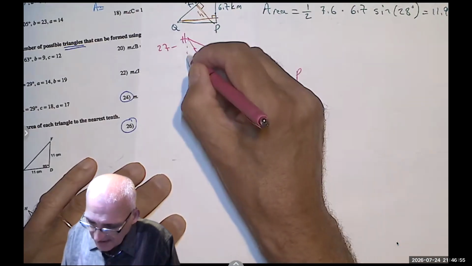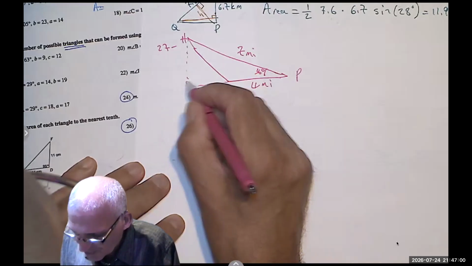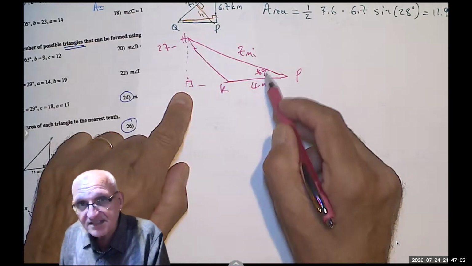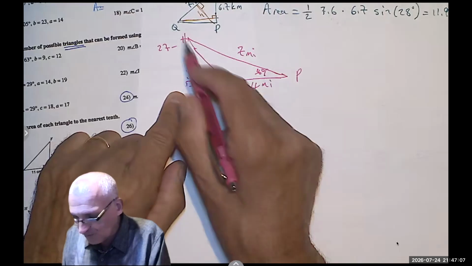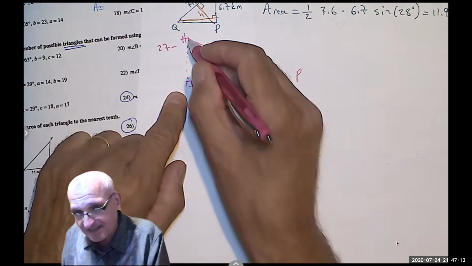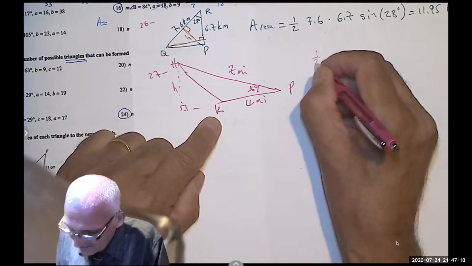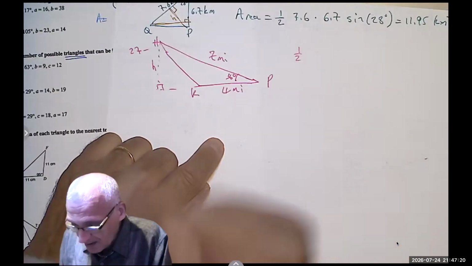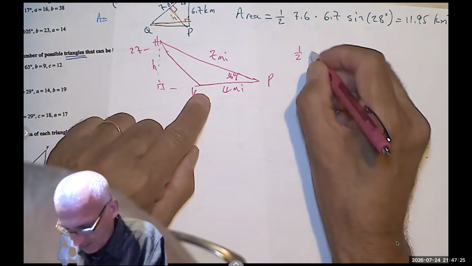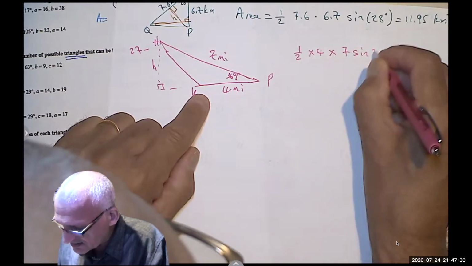Again, if I drop a line here, perpendicular, then this value is 7 sine 36, because 36 is opposite over hypotenuse. So if I multiply the hypotenuse by the opposite divided by the hypotenuse, they cancel each other and I get the opposite. So it's 1/2. Oh, I'm sorry. We cannot do that. Yeah, it's 1/2 times 4 times 7 sine 36.